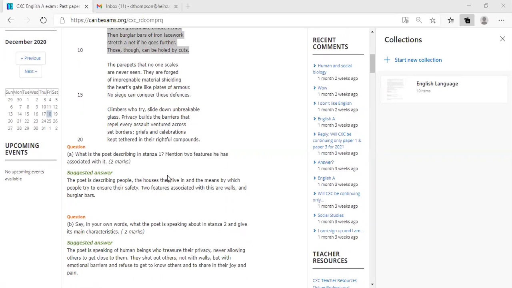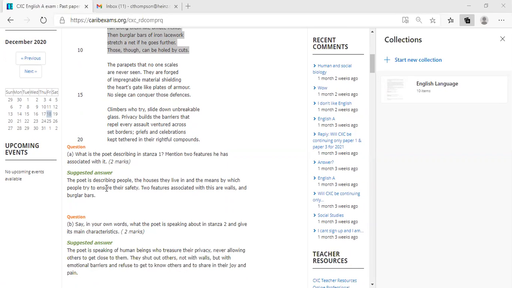Here we go now. The poet is speaking of human beings who treasure their privacy, never allowing others to get close to them. They shut out others, not with walls, but with emotional barriers, and refuse to get to know others and to share in their joy and pain. Now, here's what I meant when I said the figurative meaning.